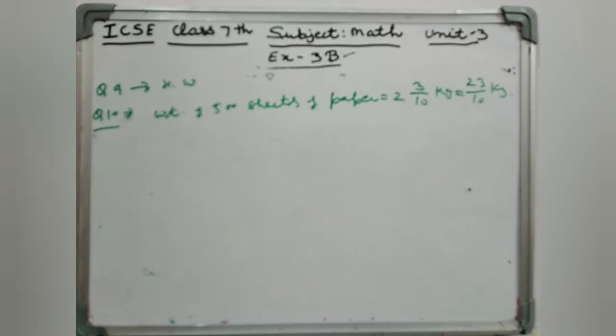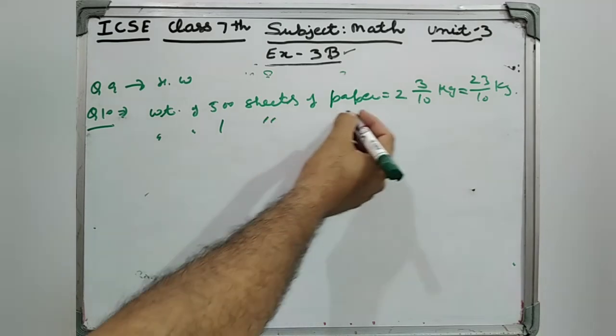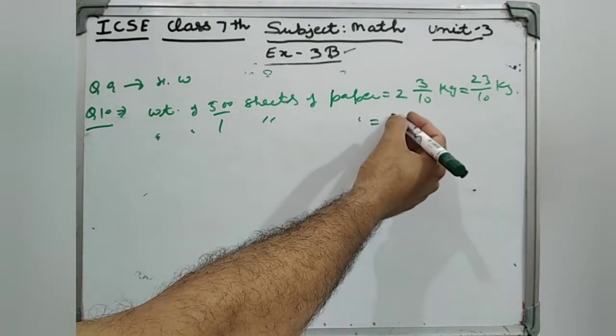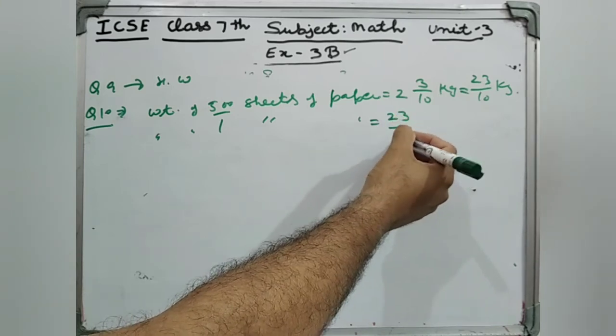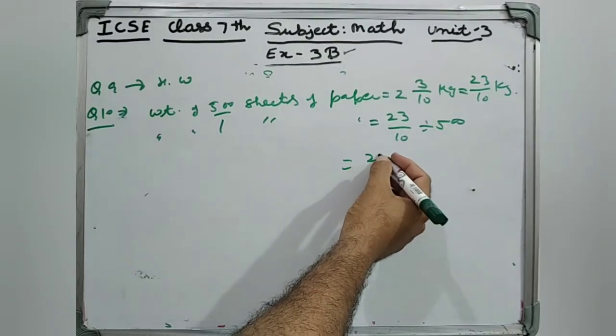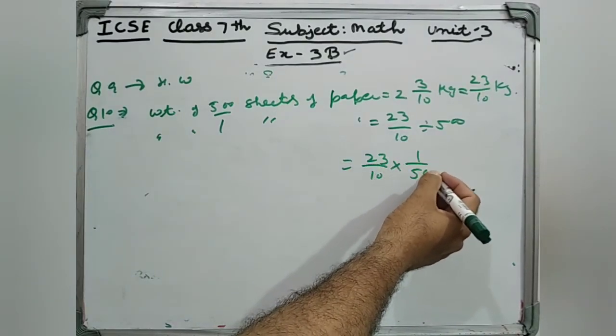Right, now the weight of one sheet of paper. More sheets, more weight; fewer sheets, less weight. That means we have to divide it. Right, 23 by 10 multiplied by 1 upon 500.